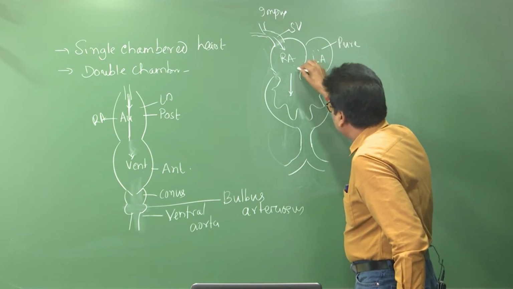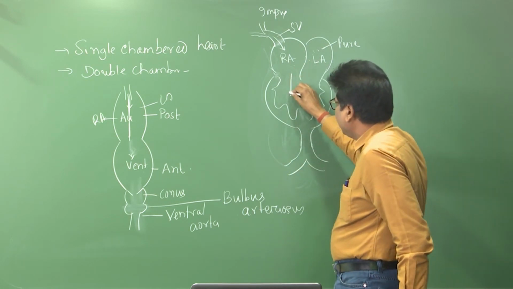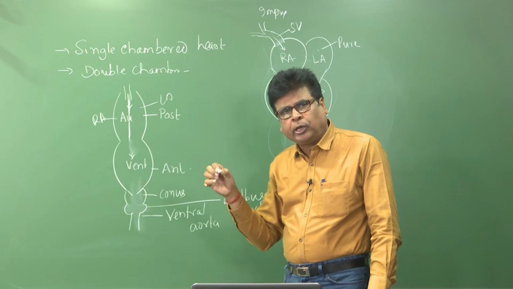When both of the atria contract, the impure blood from the right atrium will enter into the ventricle.